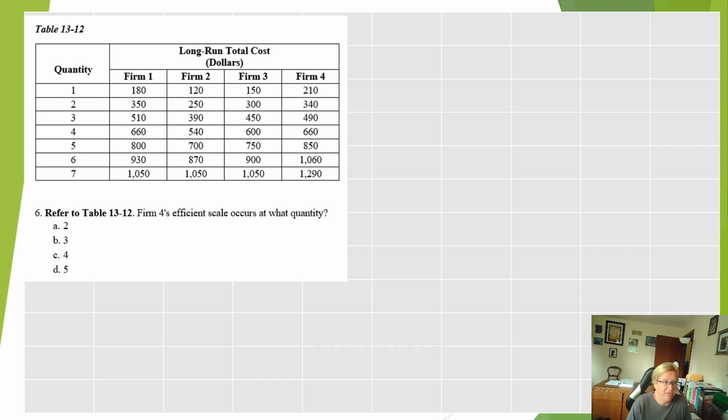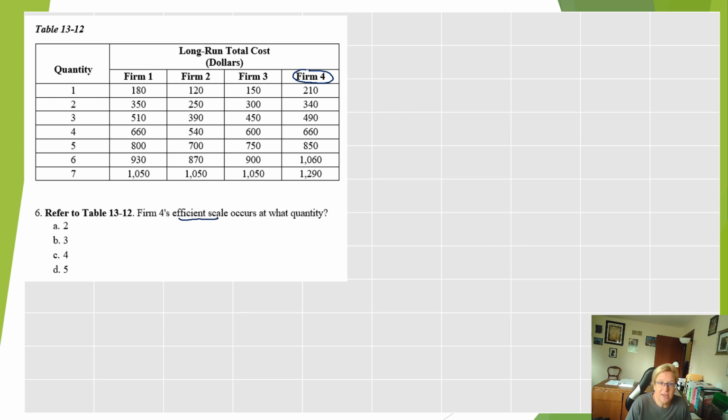So now we have long run total cost for firm 1, 2, 3, and 4. And Excel might be a nice way to do this, but we're just looking here solely at firm 4. We want to know the efficient scale.